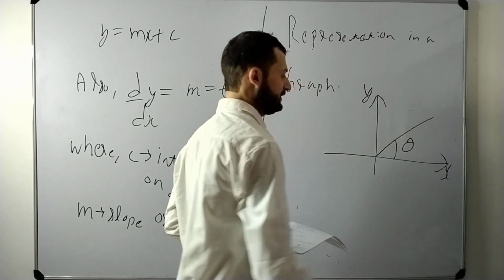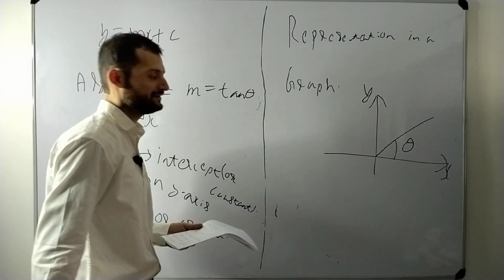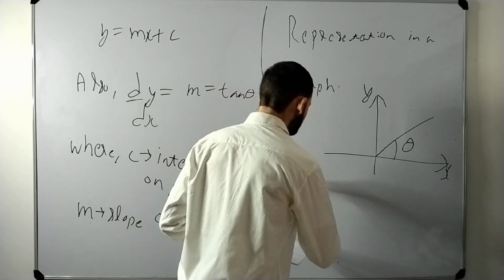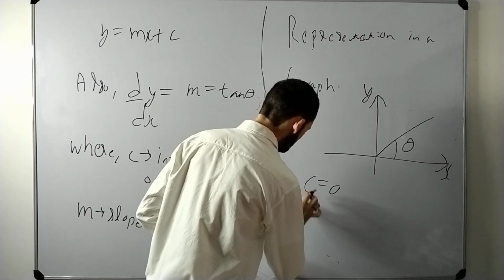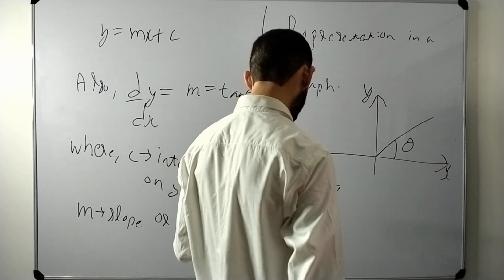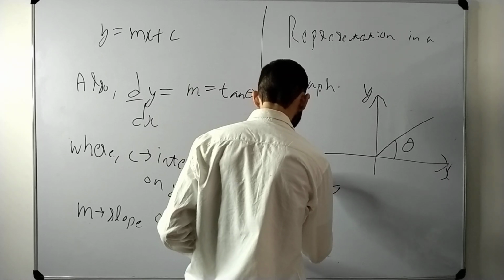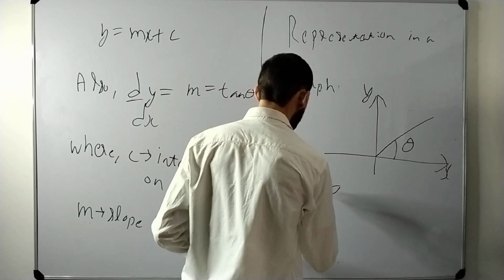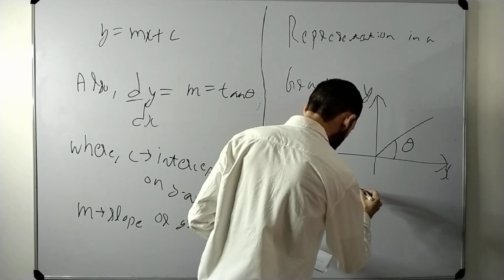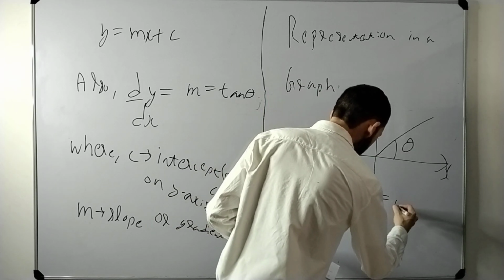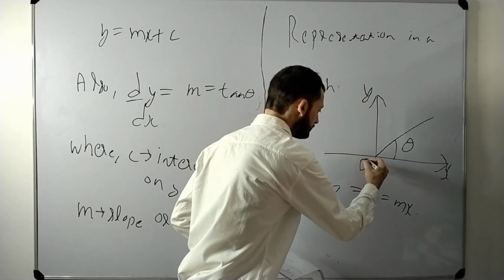Then what should be the intercept, students? C is 0 here, students. So the constant here becomes 0. First part, here c happens to be 0. This implies what, students? y is equal to mx. Okay, so this is the origin.